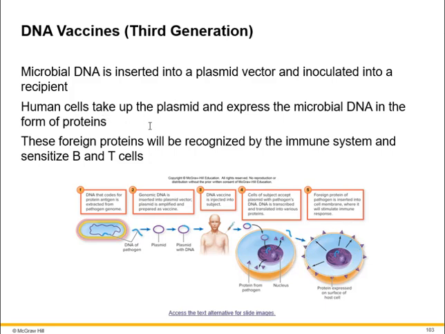So humans take up the plasmid somehow and express the microbial DNA. So it's using the protein synthesis machinery of our cells to make those subunits. That's how we're making the pieces of the virus or the pieces of the bacteria cell.